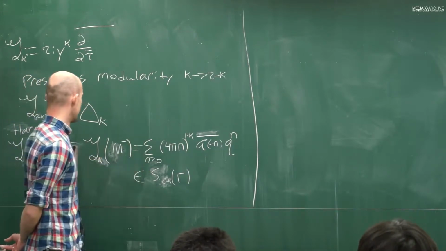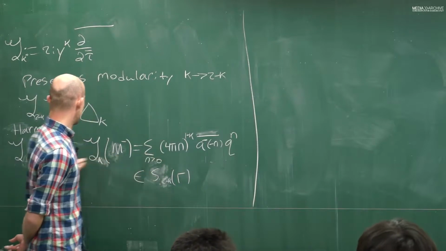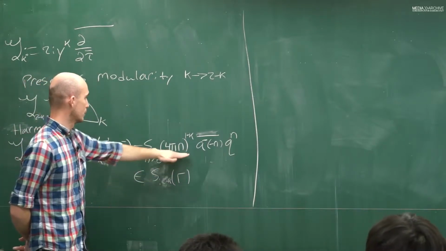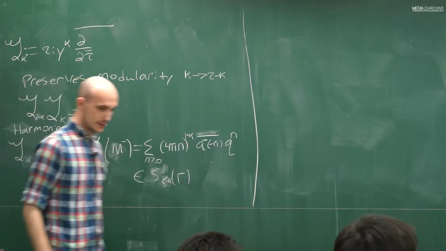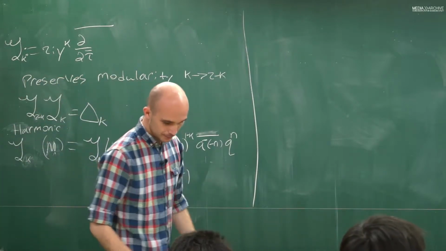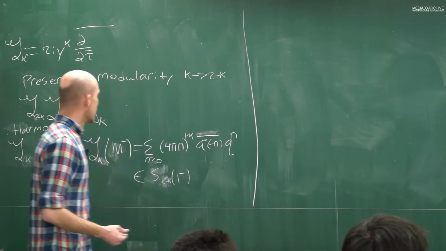Because that means that the image under Xi has to be 0, which means this non-holomorphic part has to be identically 0.